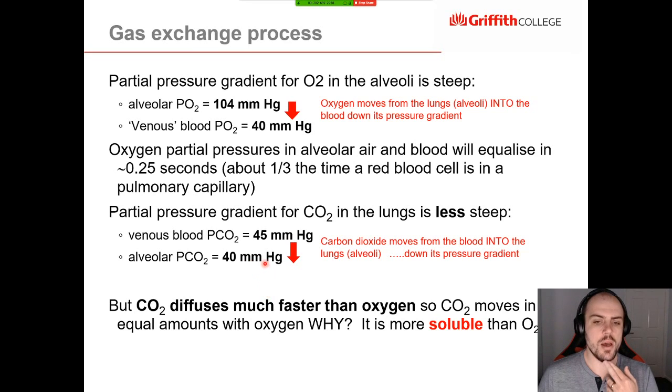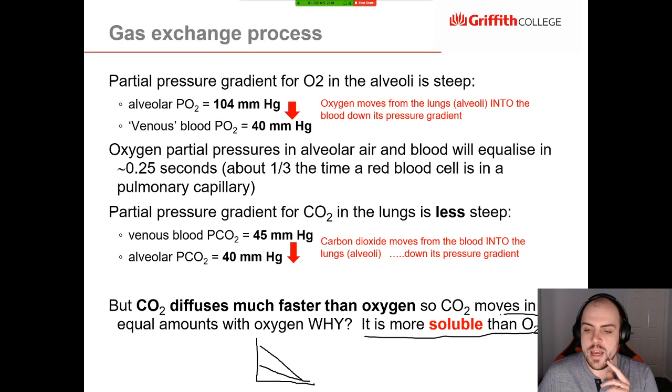Huge difference. Why is that? Because CO2 is just way more soluble. We don't need this really steep pressure gradient for CO2. With CO2, we can have a real shallow gradient because it is more soluble than oxygen. That's the big takeaway message here.